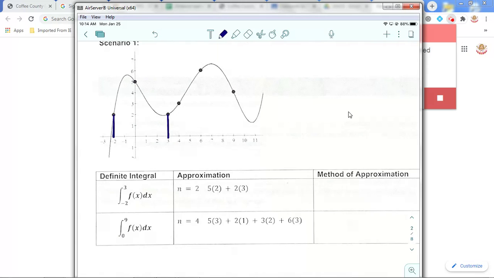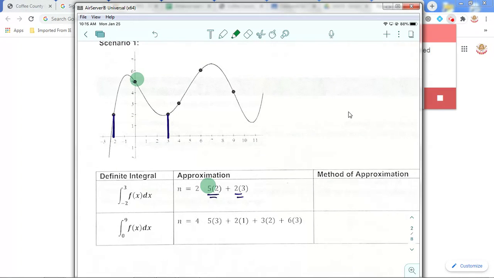For one of the rectangles, the base times height is 5 times 2. And the other rectangle, the base times height is 2 times 3. We're using the dots in the problem, so this 5 is going to come from that 5. So that's definitely the height of one of them.